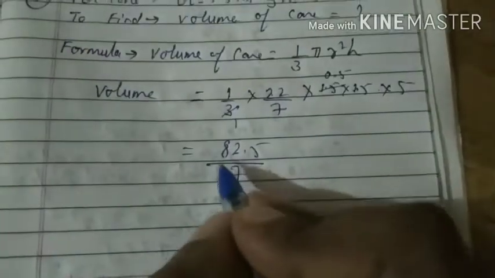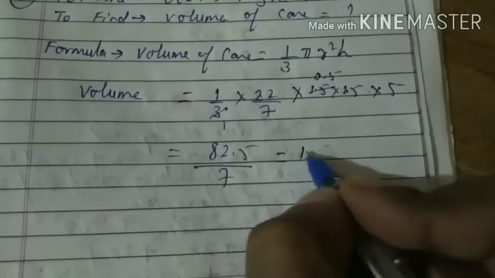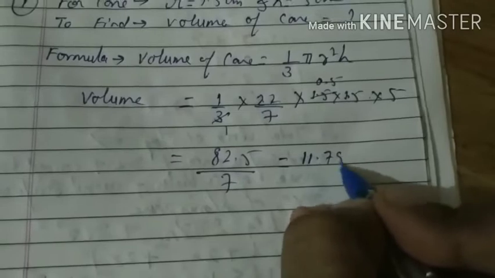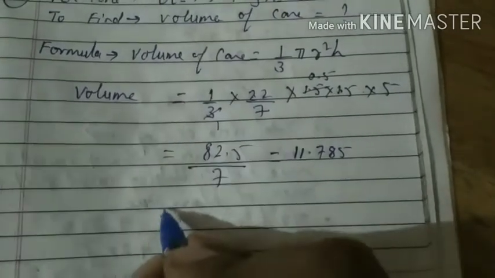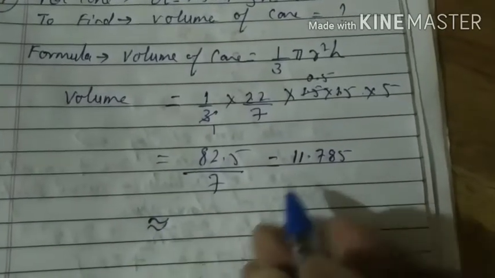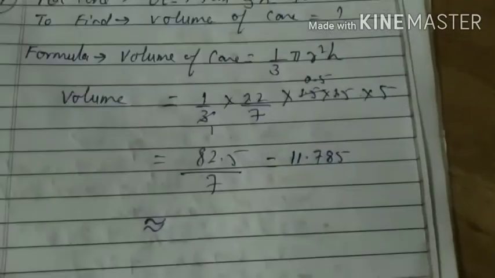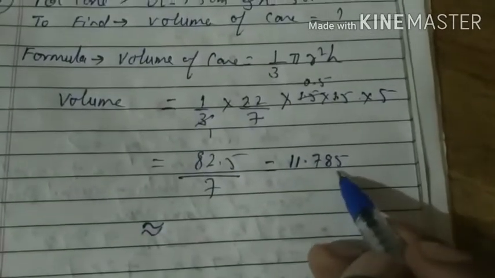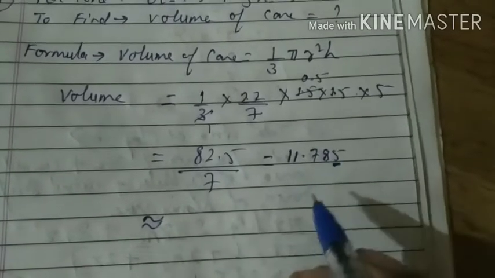Now when you divide this 82.5 upon 7, you get 11.785. So here I have to take only 2 decimal place. That means I will take the approximate value. Now the last digit, third digit after decimal is 5.